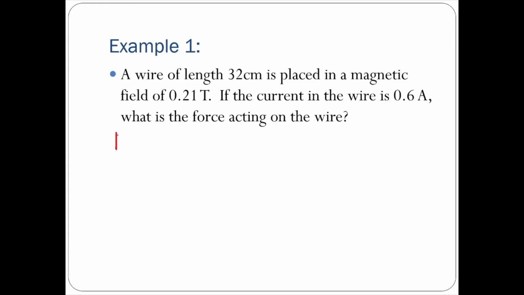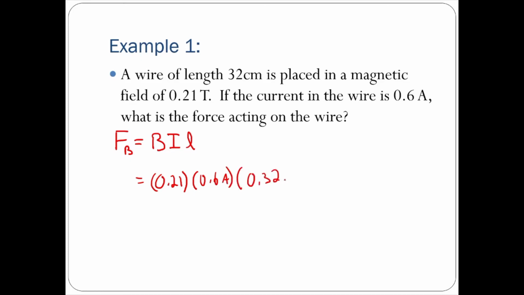So we're going to assume that this magnetic field is perpendicular. So the magnetic force can be calculated using B times I times L. Our magnetic field is 0.21 Tesla. We have a current of 0.6 amps flowing through it, and we have a length of 32 centimeters, which we convert to meters as follows.